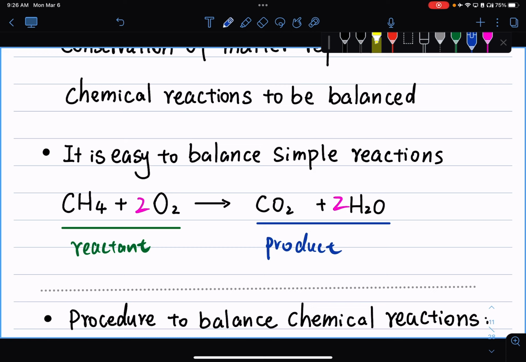You count the number of atoms in your reactant and in your product. We start from 1 carbon, we end up with 1 carbon. We start from 4 oxygen, we end up with 4 oxygen. And we start from 4 hydrogen, we end up with 4 hydrogen. So the number of atoms needs to be balanced on the reactant side and the product side of your chemical reaction. But it can easily get more complicated.